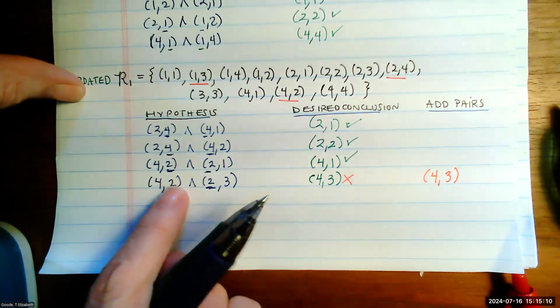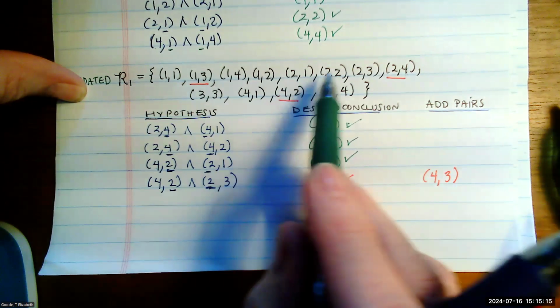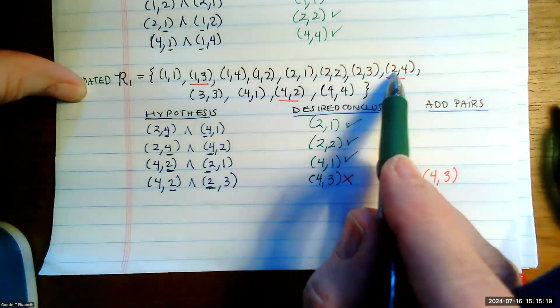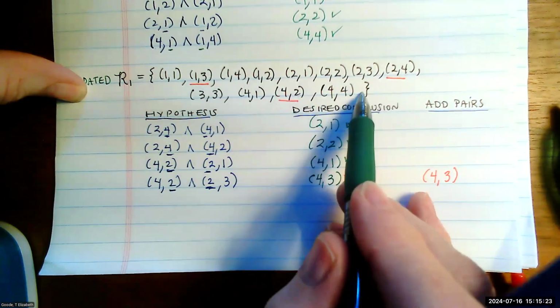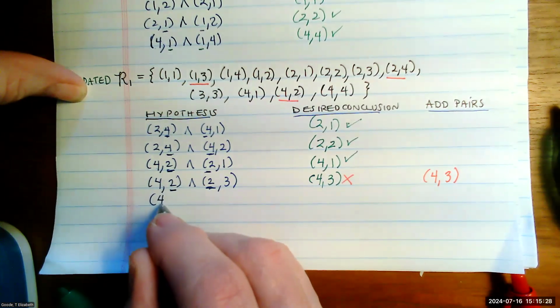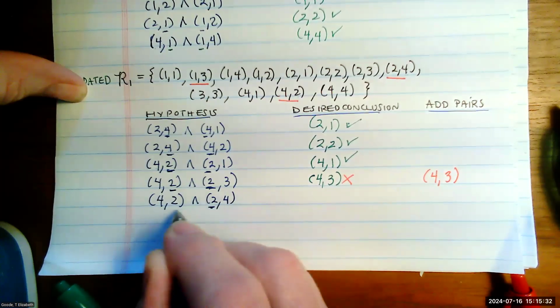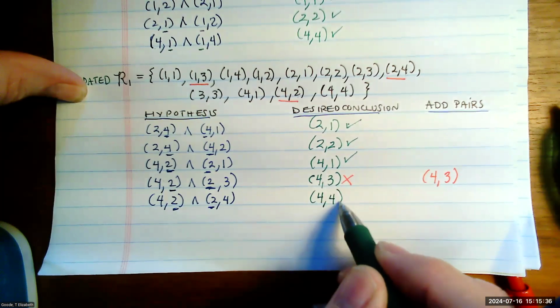And then (4,2), and we check (2,1). We don't have to check (2,2). We check (2,3). We can go ahead and check (2,4) just mentally. (4,2) and (2,4) requires (4,4), maybe for the completeness of notes, but we know we've got (4,4), right? So we don't have to add anything from that comparison.